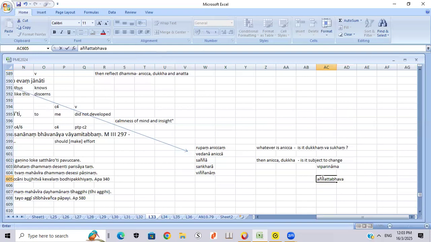Anya, atta, anya. I think it's a long A here. So I'm going to split this compound. Anya means other. Atta is self. Atta. Bhava. Bhava is a past tense. So that means here, can you see, bhava means became.